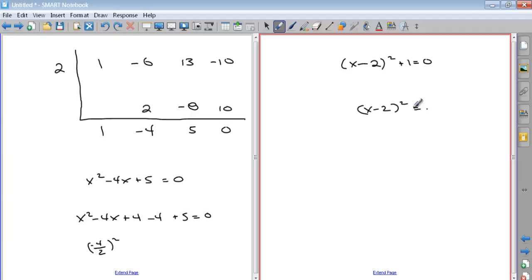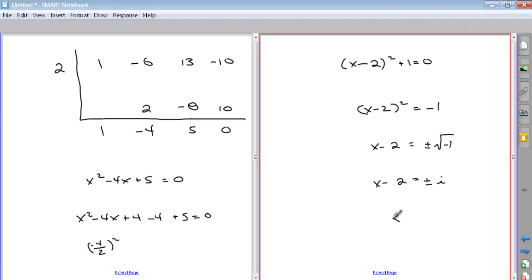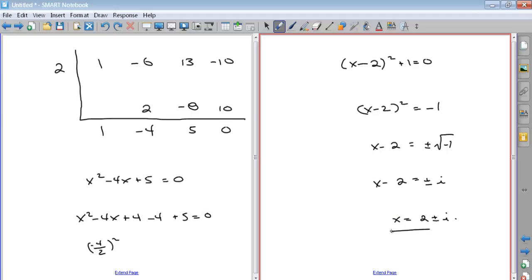Subtract 1 from both sides. Take the square root. Replace square root of negative 1 with i. So you get x is equal to 2 plus or minus i. So that's the other two solutions.